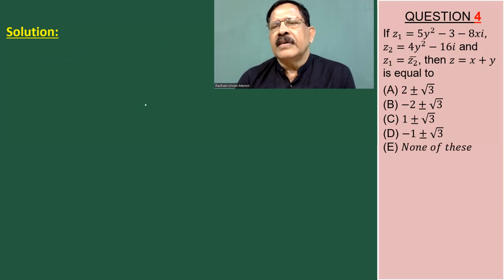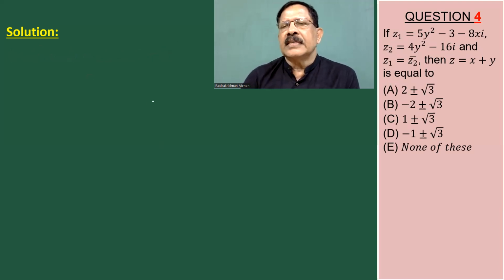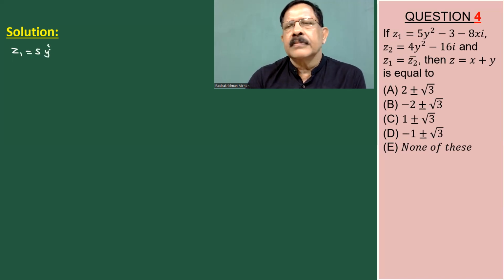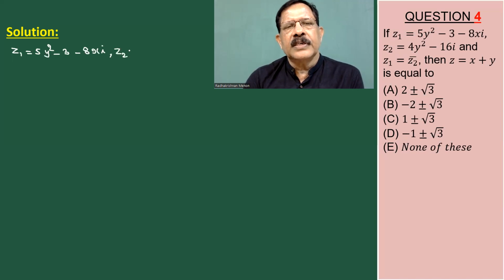You are being given two complex numbers and it is given that Z1 is equal to Z2 bar. What is Z1 here? Z1 is equal to 5y square minus 3 minus 8xi. And Z2 is 4y square minus 69.